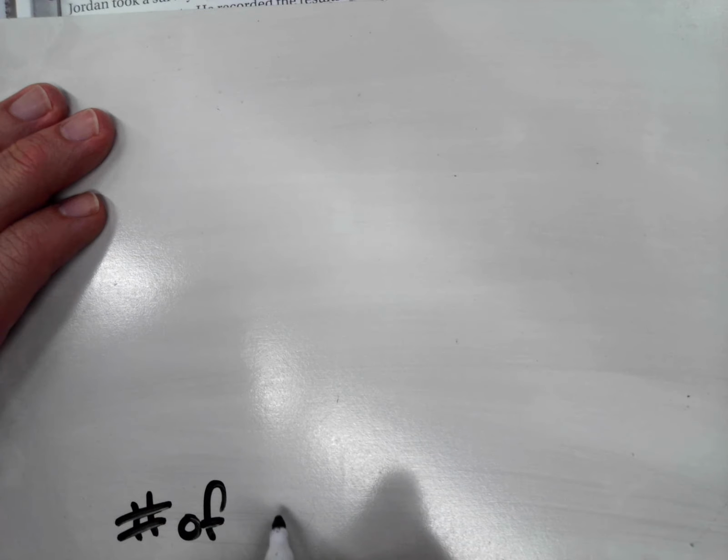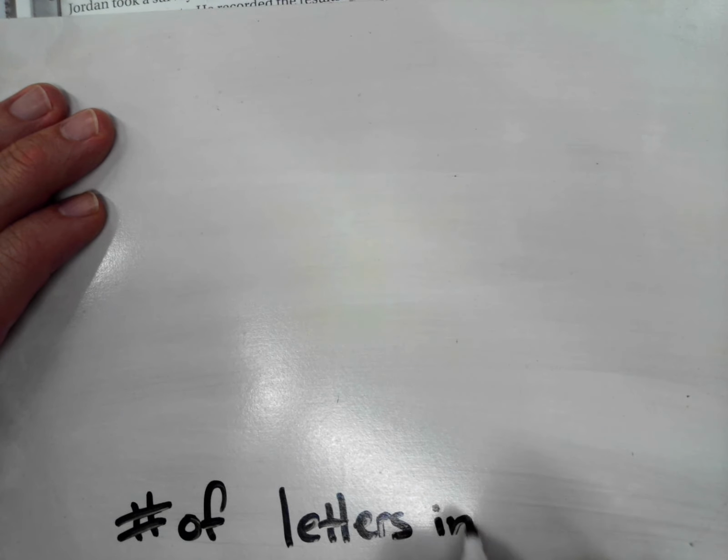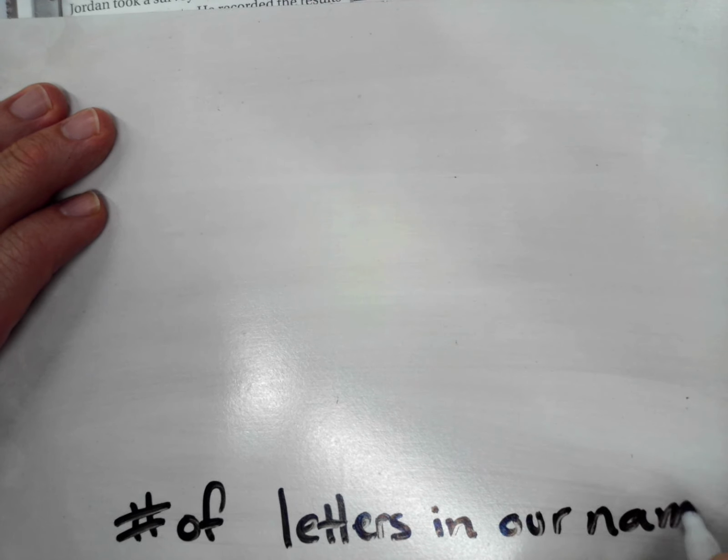Here is another very common way in which you might see line plots used. It's to count the number of things that are the same. So what I have here is the number of letters in our names.